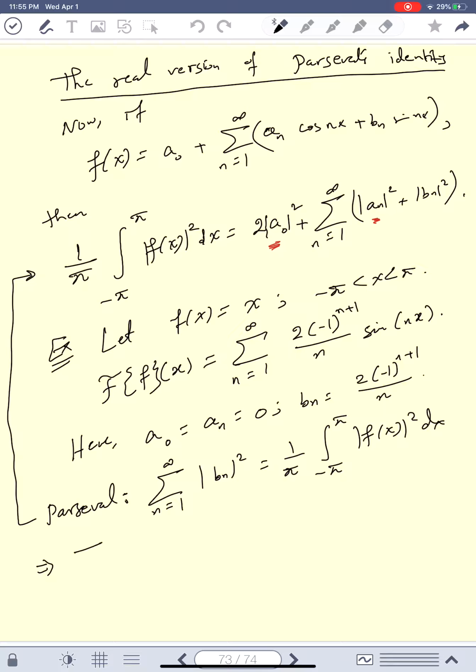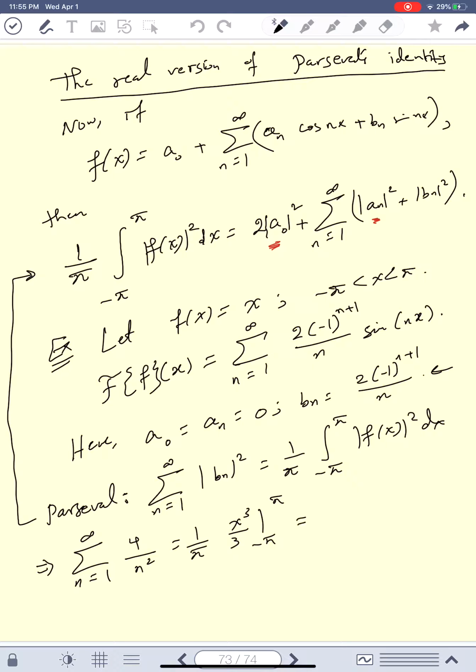So basically this means that the sum from 1 to infinity, now what is the Bn? This is the Bn. If you square it, the 2 gives you 4, the -1 is cancelled, it becomes +1 over n squared, equals 1 over pi, and what's the integral of x squared? It is x cubed over 3 from -pi to pi, right?